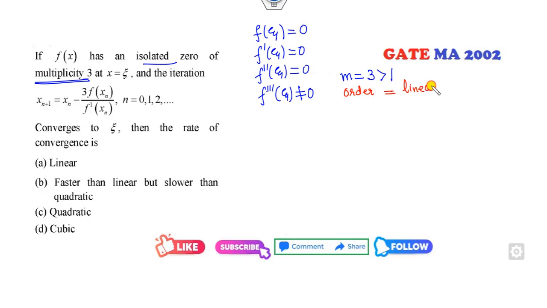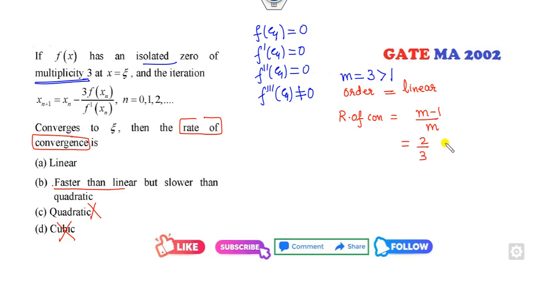But if you look at the statement, they are talking about the rate of convergence. Fine. So the rate of convergence is, as I told you, m minus 1 over m. So m is 3, so 2 over 3. So it is not cubic, it is not quadratic, not faster than linear, it is not greater than 1. So these options are also cancelled, and the only option left is linear, which is the right answer.